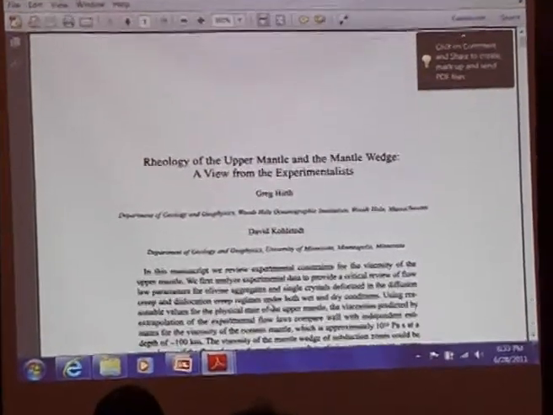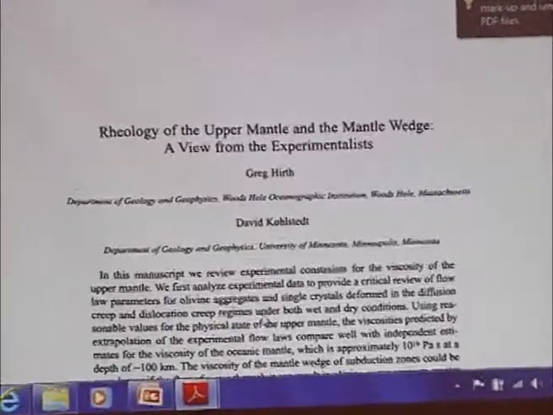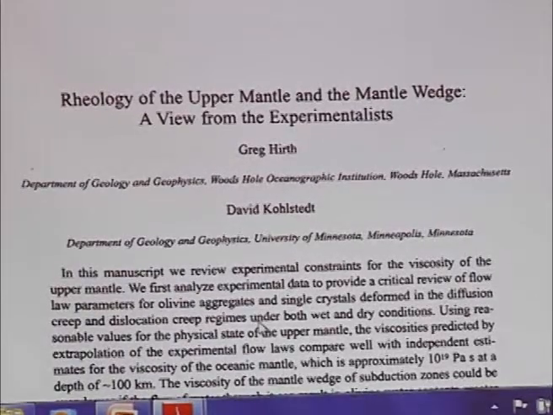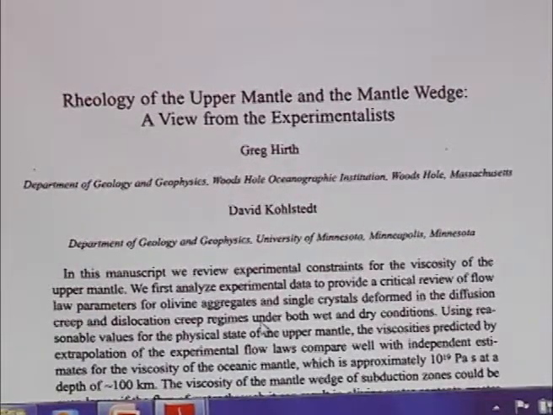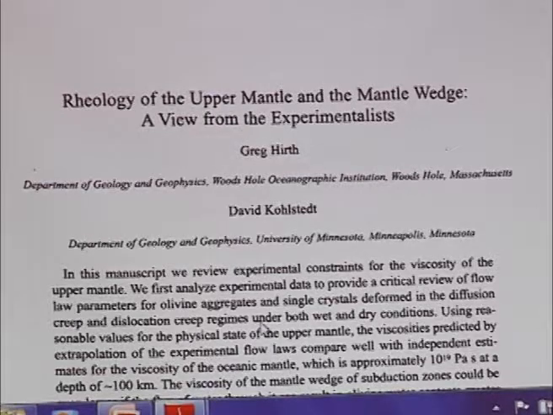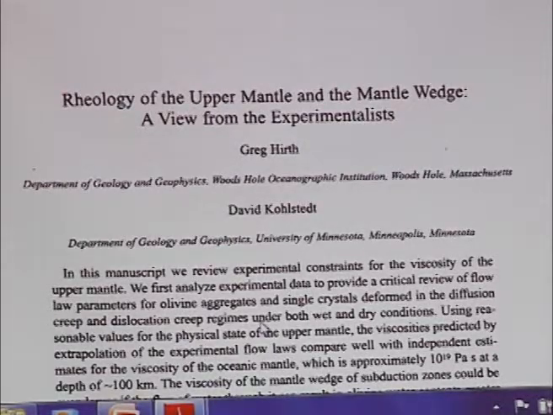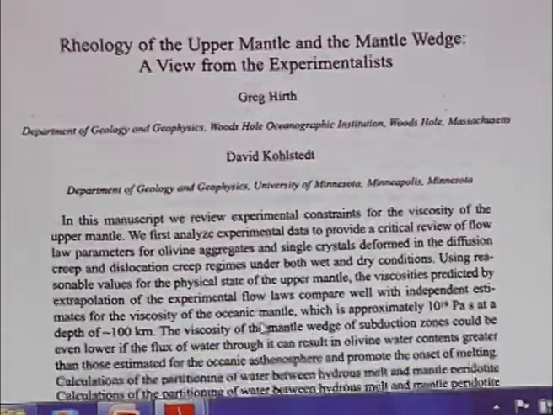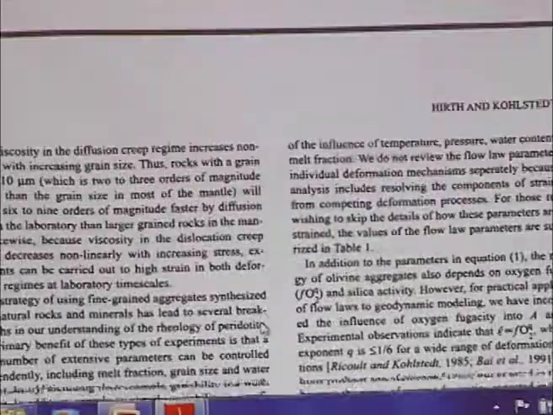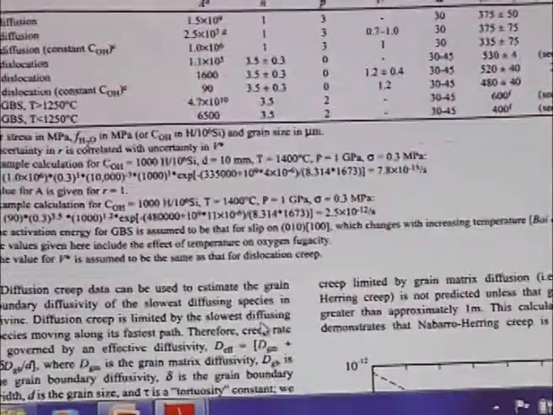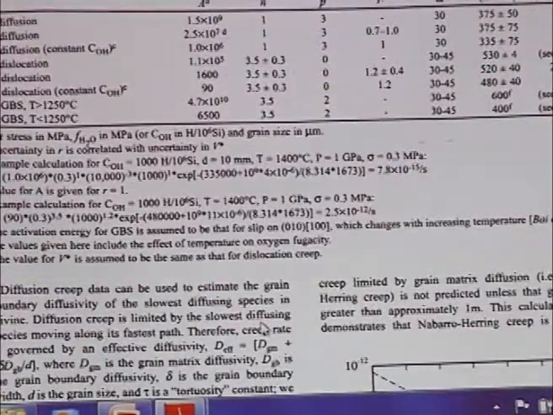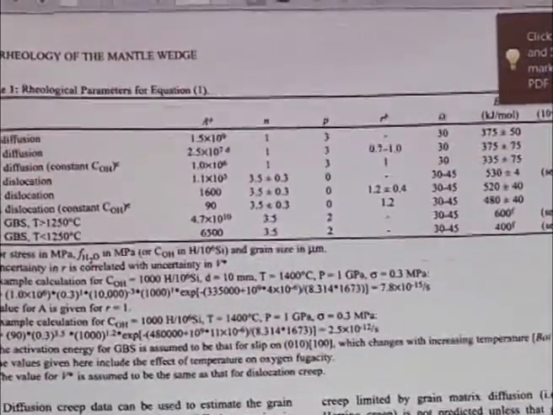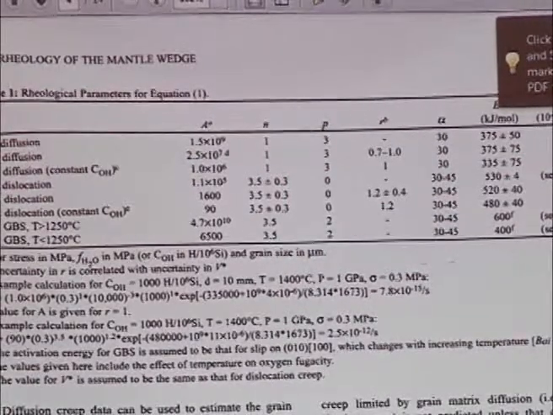This is a review paper. In B-Space, you should be able to find this paper as a PDF. These are the laws with all the parameters that go into the equation.